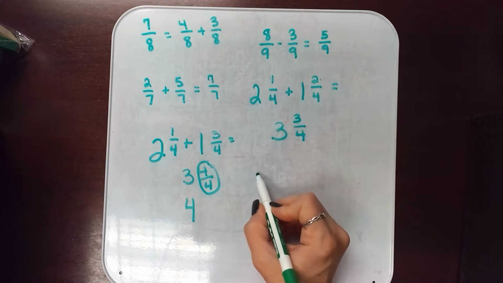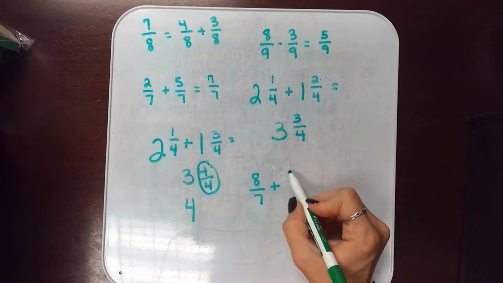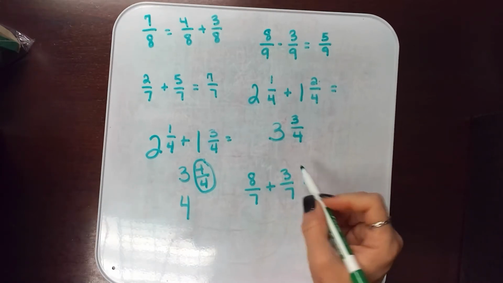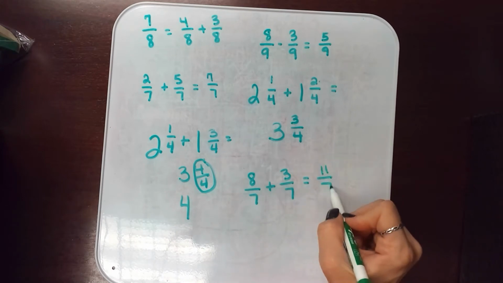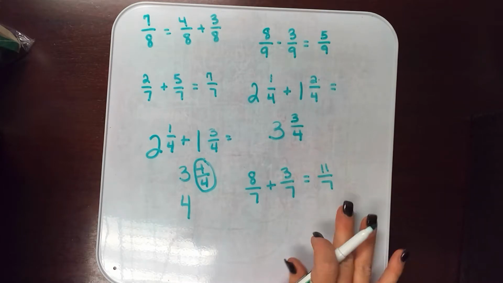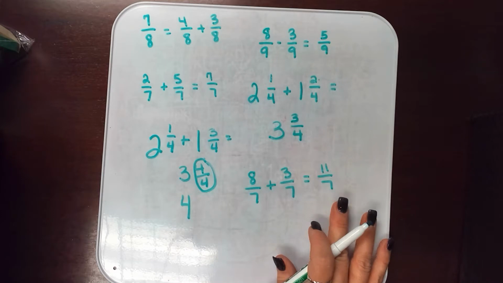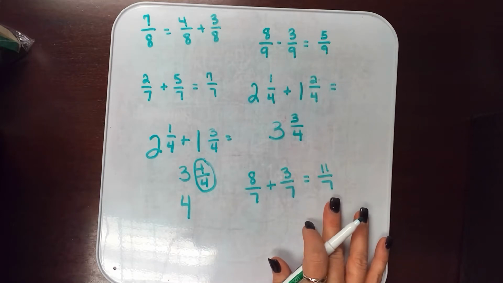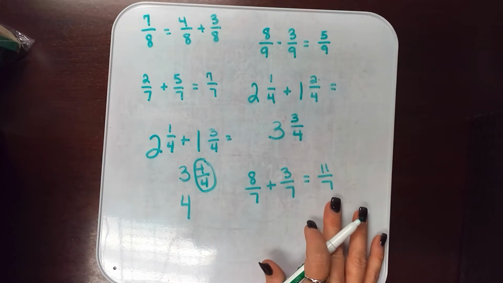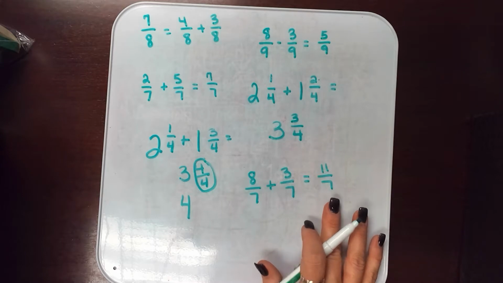I could ask kids to add together two improper fractions. And then we would get 11/7. And as I said previously, when students are working, if you want them to convert this to a mixed number, that is okay. They don't have to. But if you want them to, make sure you're not teaching them any kind of strategy for that. Let them use what they know of fractions and sizes.